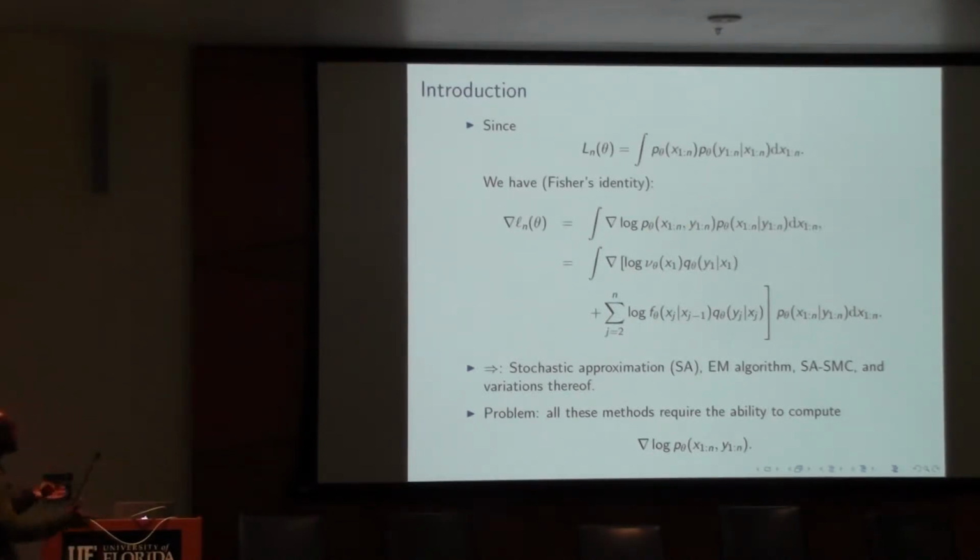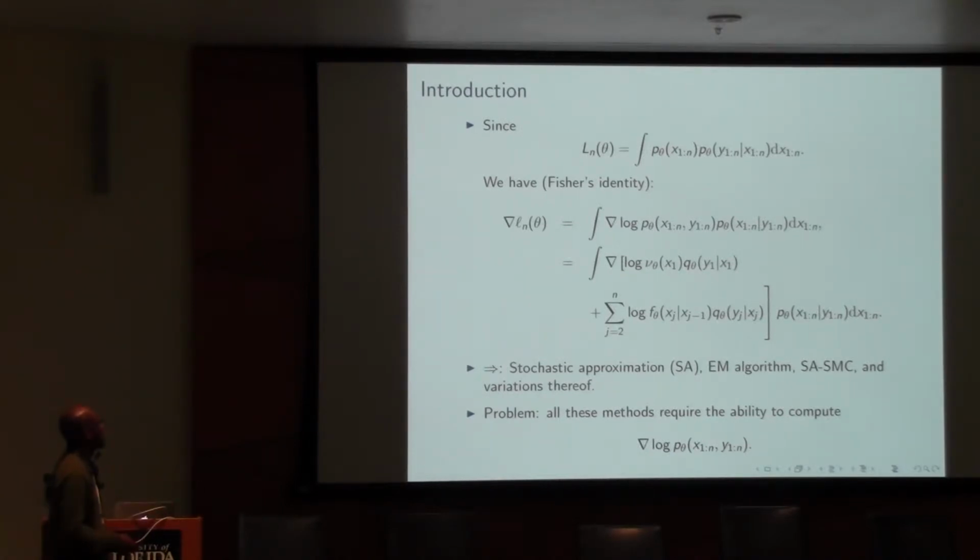And at that point, we could bring in stochastic approximation, because now, in order to approximate this gradient, all I need is essentially to do filtering, to sample from the unobserved signal given the observations and the particular value of the parameter that I'm looking at.